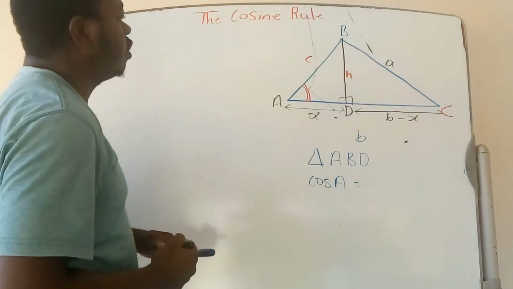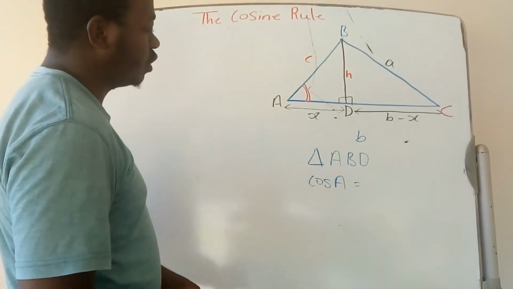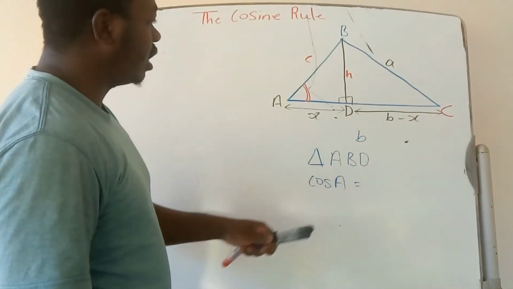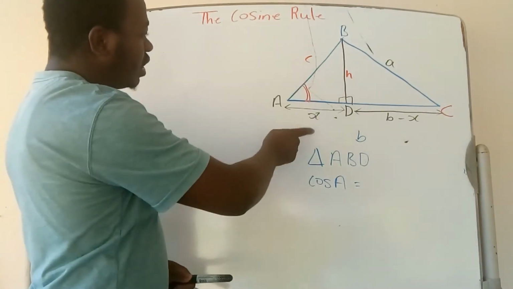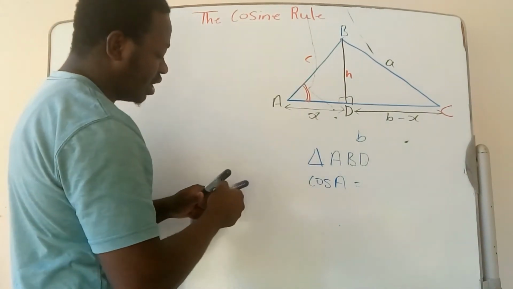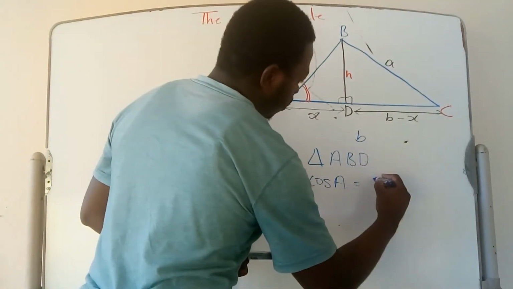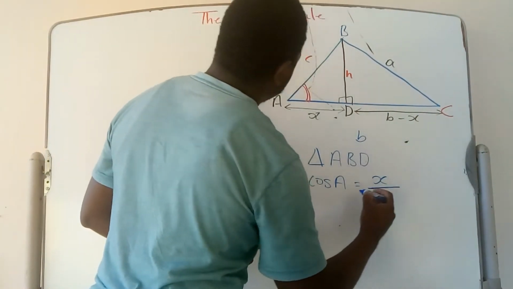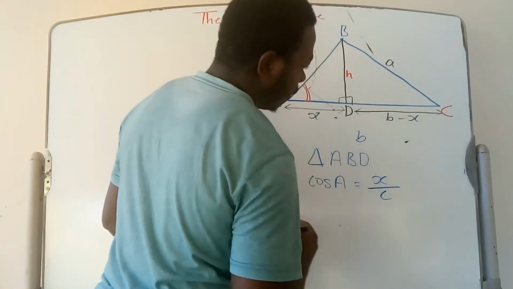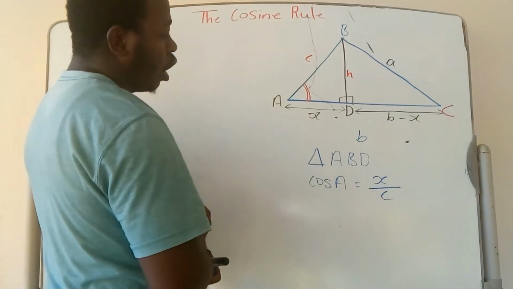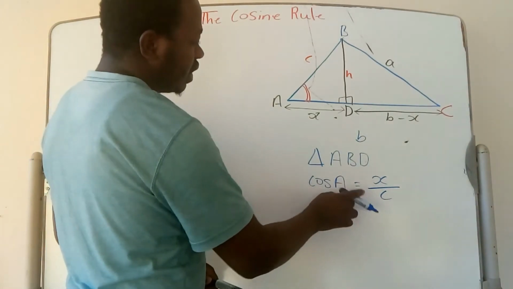So now that we have all the information, we can go ahead and find cos A. Cos A is the adjacent over the hypotenuse. What's the adjacent length in this case? That's just X. So this is just X over the hypotenuse, which is c in this case. But what does this imply?